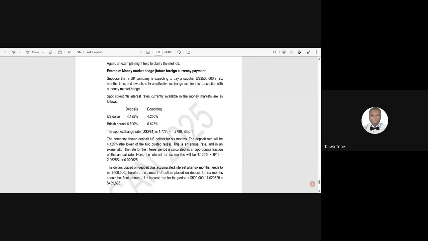Now, box 2 will be what? The deposit. So how much will you make it? 500,000 all over 1 plus 4.125% times 6 all over 12. Fine?